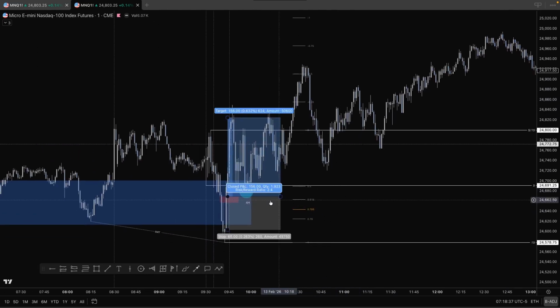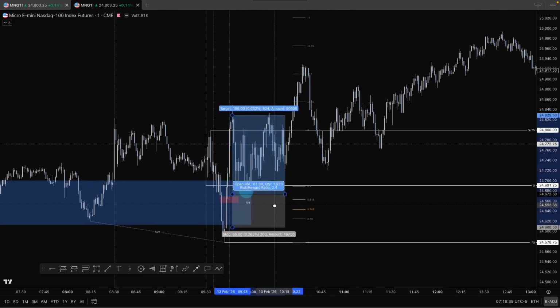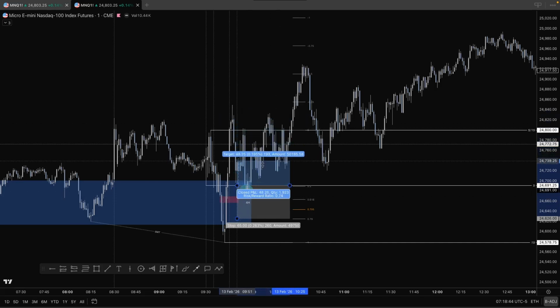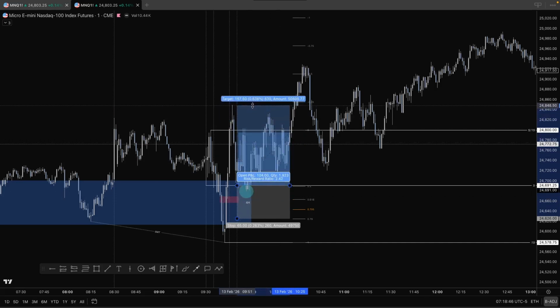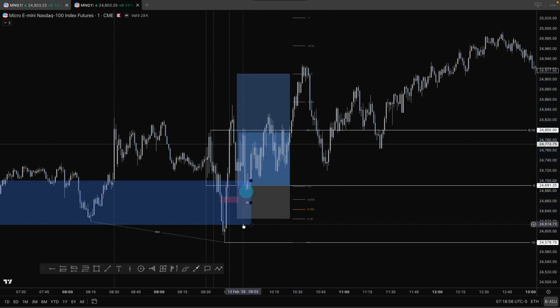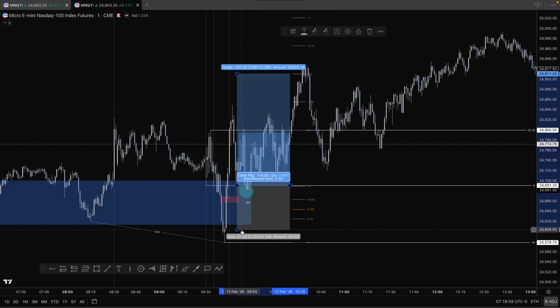If I wouldn't have taken that trade, I probably would have entered here with the target maybe here, maybe even that minus 0.5. So half the movement we got in the 15-minute range. Stop probably also here.